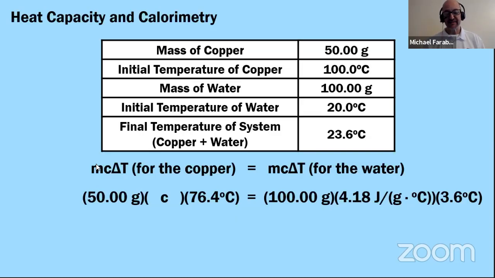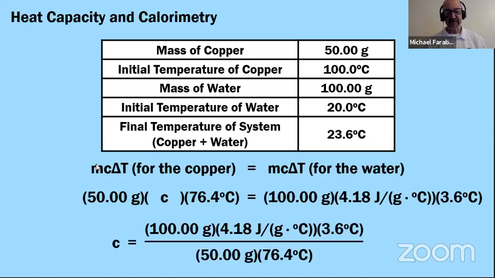So all I have to do is just get C, the specific heat capacity for the copper, on a side by itself. I'll just divide both sides by 50 and 76.4. My units of grams will cancel out. My units of degrees Celsius on the right will cancel out, but I will still have my final answer in units of joules per gram degrees Celsius.